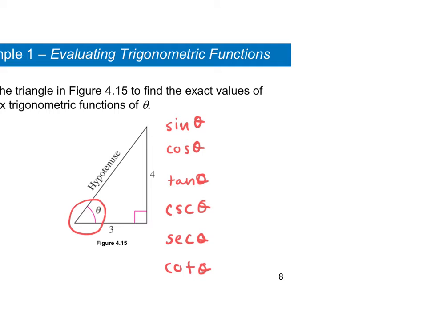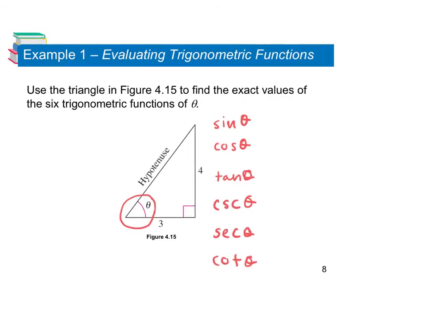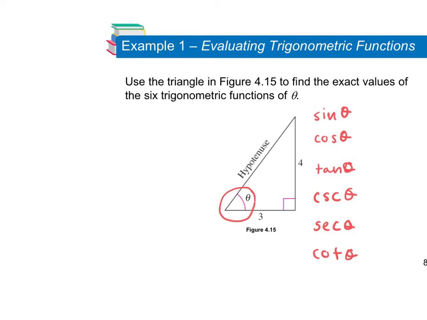First things first, we need to find what our hypotenuse is. So we have a leg of 3 and a leg of 4. So what can we do to find our hypotenuse? Pythagorean theorem. So a squared plus b squared is equal to c squared. So we have 3 squared plus 4 squared is equal to our hypotenuse squared, which we can just call x for now.